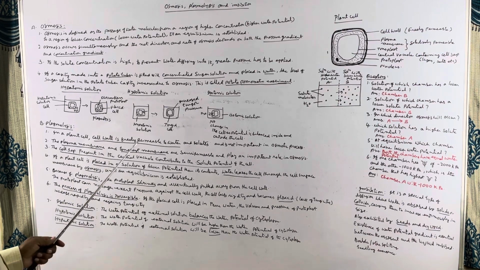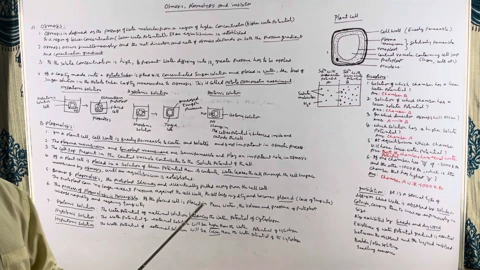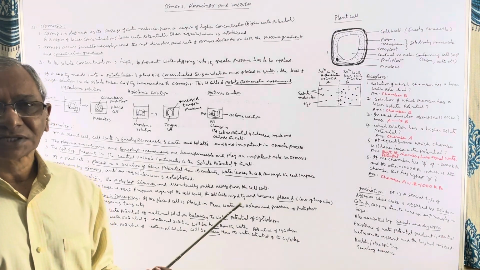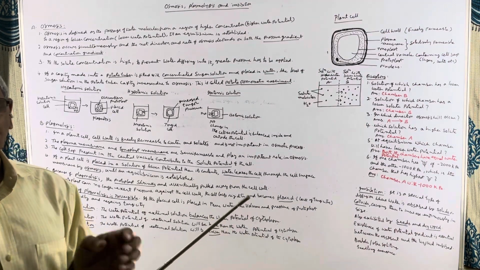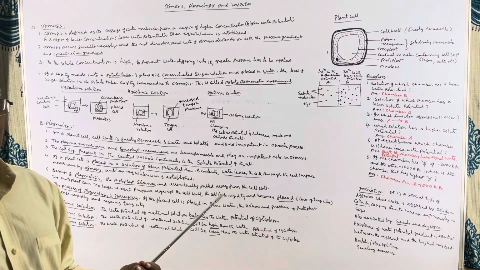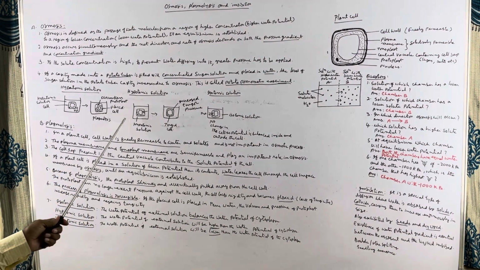Then, hypotonic solution. Hypotonic solution means the solution has greater water potential than the cytoplasm. That means the cytoplasm has solutes in a higher concentration, whereas the surrounding fluid has solutes in a lesser concentration. As a result, what happens?